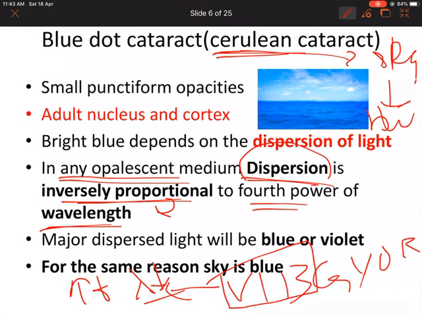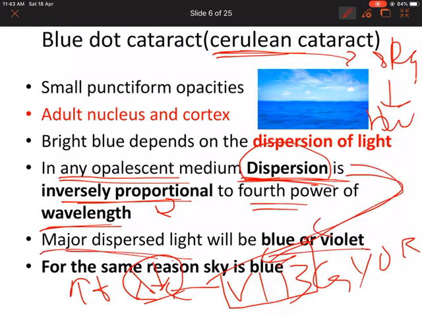That means in an opalescent medium, the dispersion is more for this part of the spectrum, that is your violet, indigo, and blue. So dispersion is inversely proportional to the wavelength. Where the wavelength is decreased, the dispersion is more. So major dispersed light is blue or violet light. That is the same reason why the sky is blue.